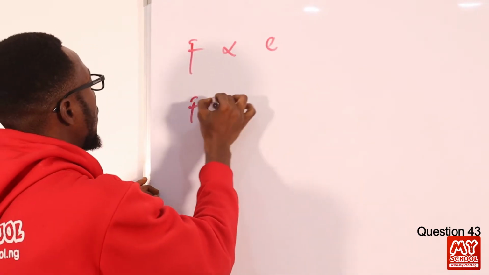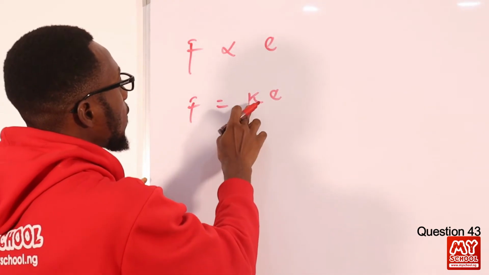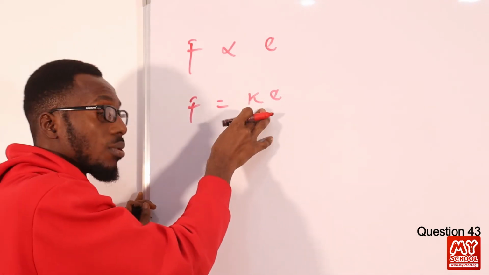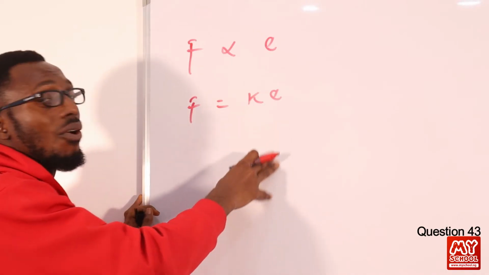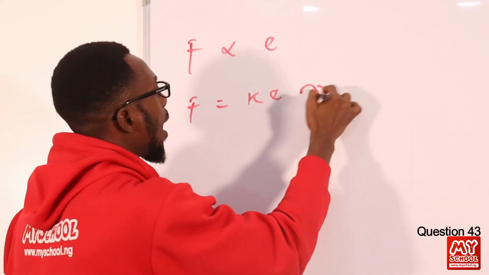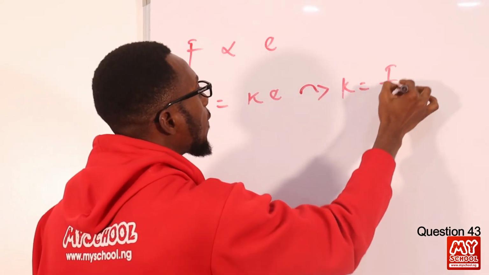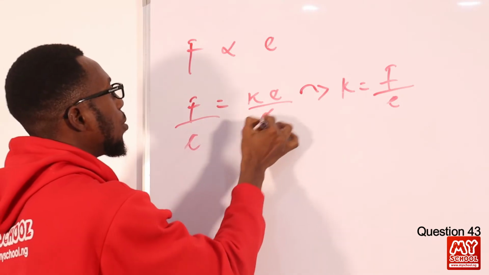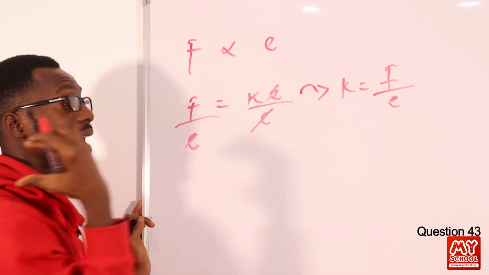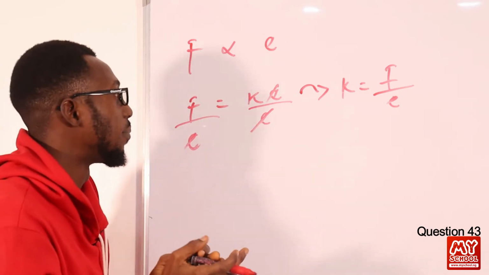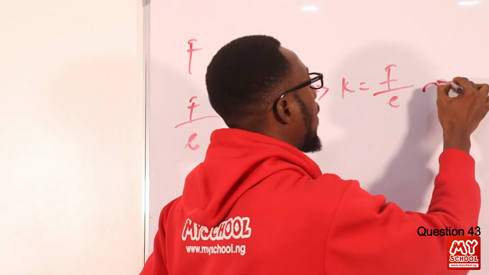So this is the force constant, the constant of proportionality. You can call it the force constant, the elastic constant, or the stiffness of the material. This is what we are looking for, so we should have K equals F over E, once we divide both sides by the extension E. Oh, it is referred to as X in the question, so either I use E or X, we are good. Okay, so we have our K.